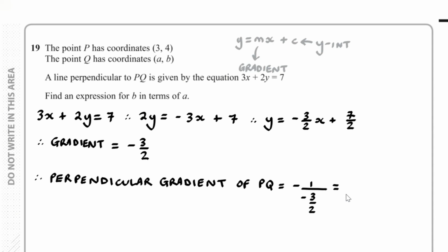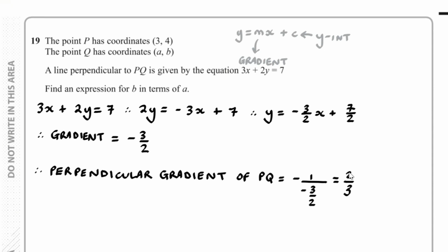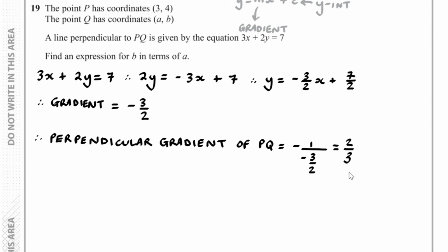And it turns out here we get 2/3. And so the gradient of our new equation is 2/3.